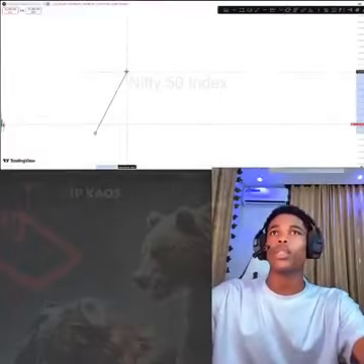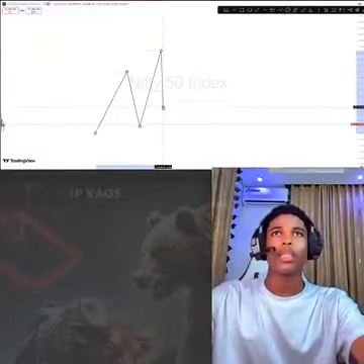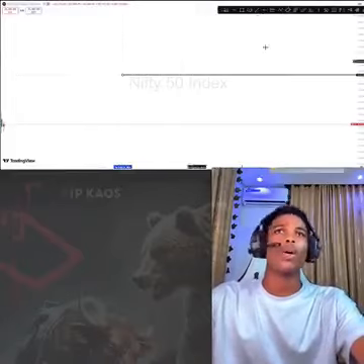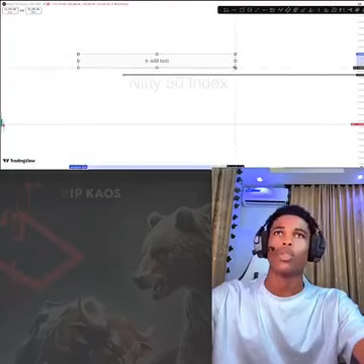Okay, so we delete everything, and I told you guys you are going to be using these to represent candlesticks, and we are going to be using these to represent our order, and this as zone.